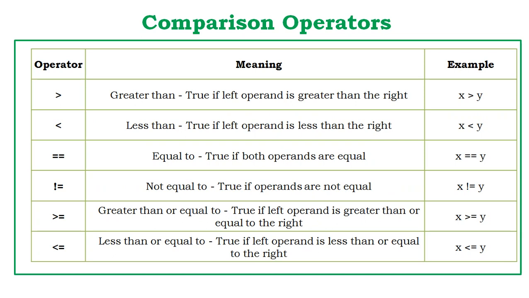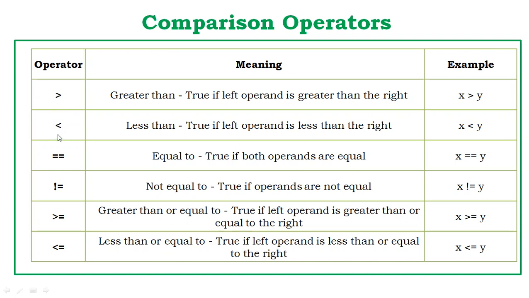Suppose I am talking about the first operator, that is greater than. It can be written like this: x greater than y is true if x is greater. Suppose I write 7 greater than 3, the answer will be true. If I write 3 greater than 7, the answer will be false.